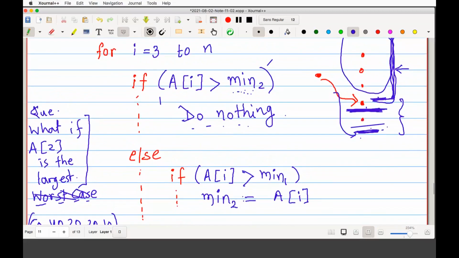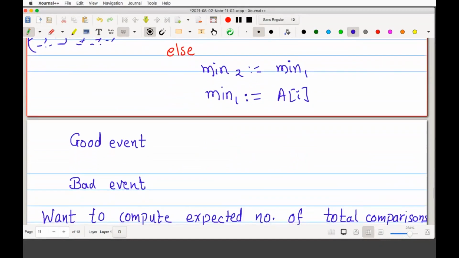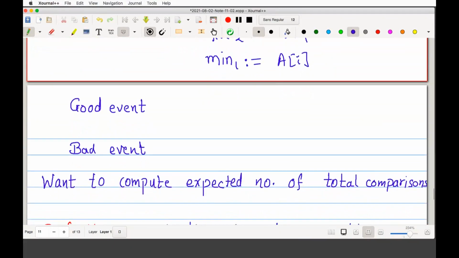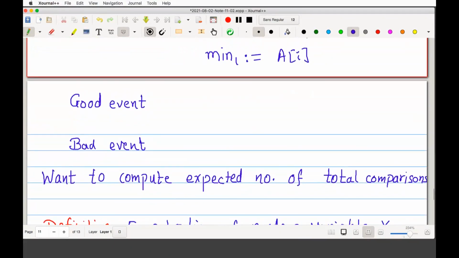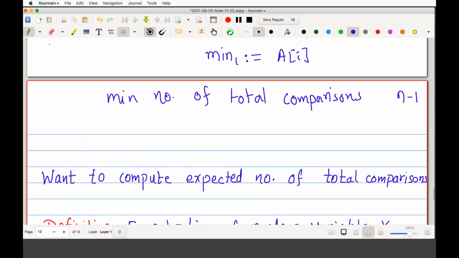Okay, so I think we should try to formally analyze this. What I want to do is compute the expected number of total comparisons, right? I guess so far it's clear to you that the minimum number of total comparisons is somewhere around n, I think n minus 1 maybe.